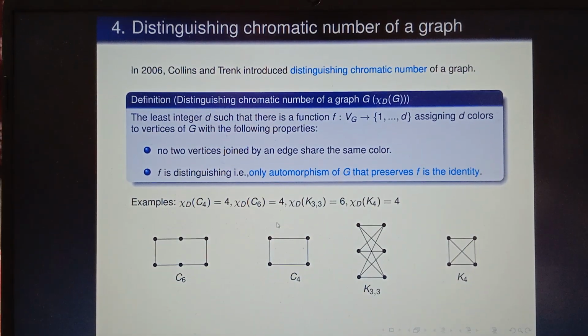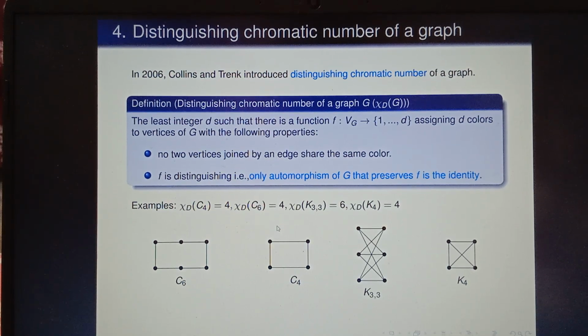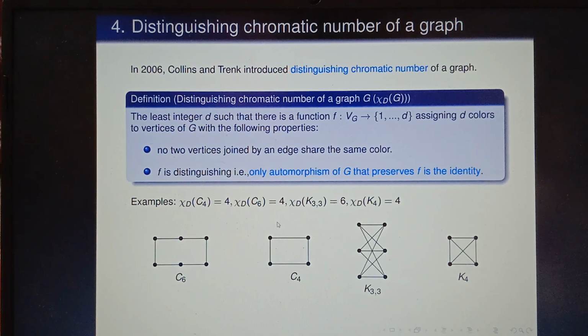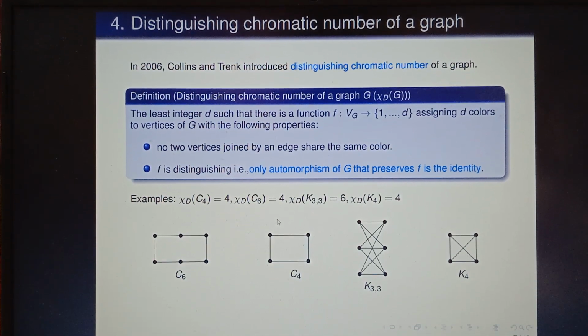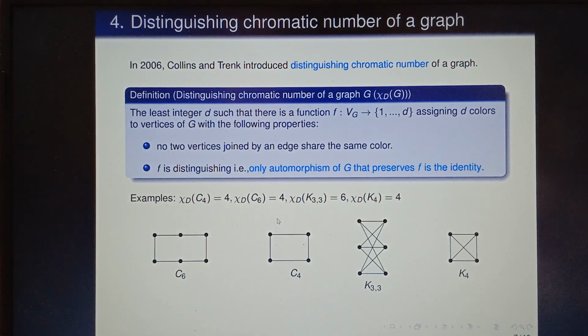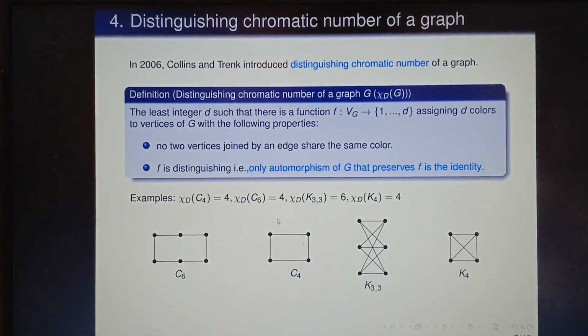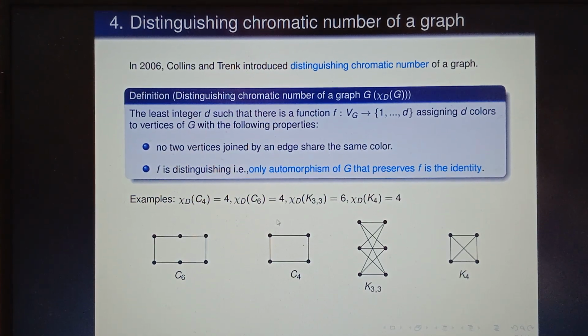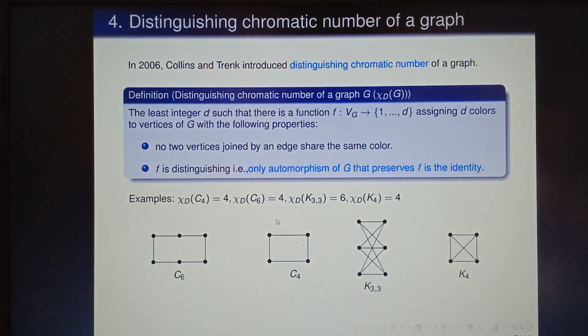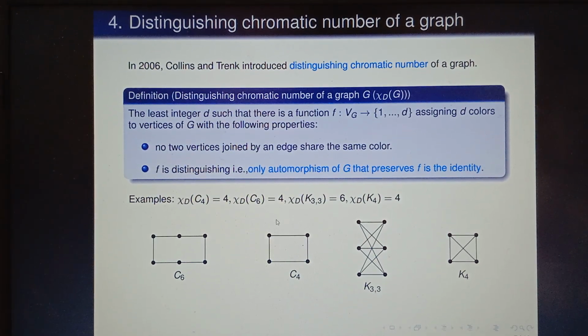In 2006, Collins and Trenk introduced the distinguishing chromatic number of a graph. The distinguishing chromatic number of a graph, denoted by χ_D(G), is the least integer d such that there is a function f from the vertex set to a set of d colors, assigning d colors to the vertices of G, with the following properties.